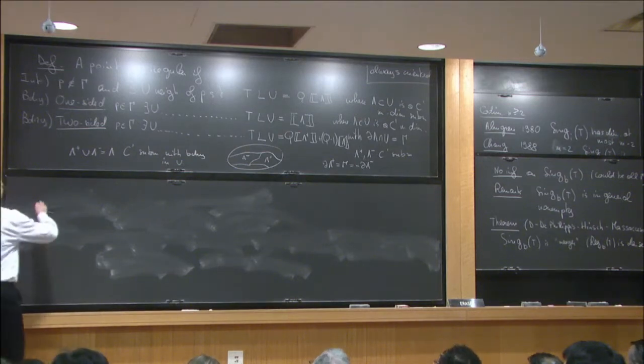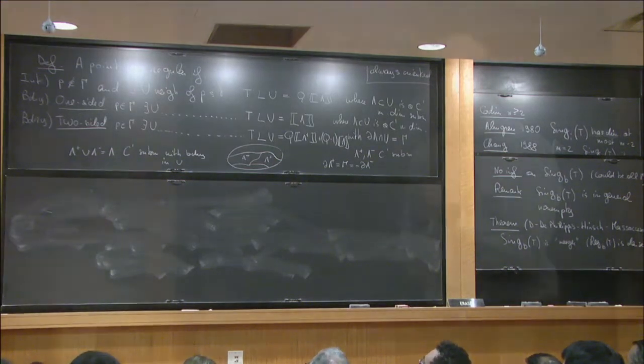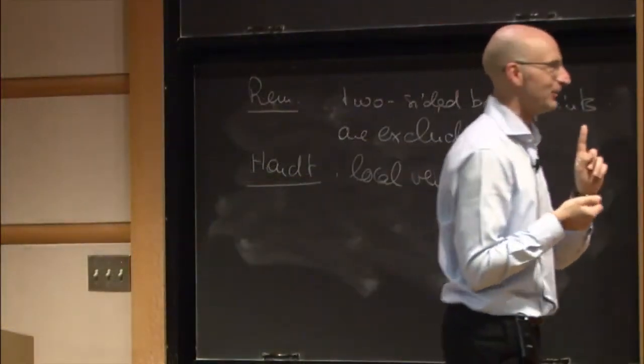So there is the following example that we have in the paper, and I think we were very lucky that this example we found after proving the theorem. Because if we had found this example before proving the theorem, I'm not even sure we would have tried to prove the theorem. So let me explain why.